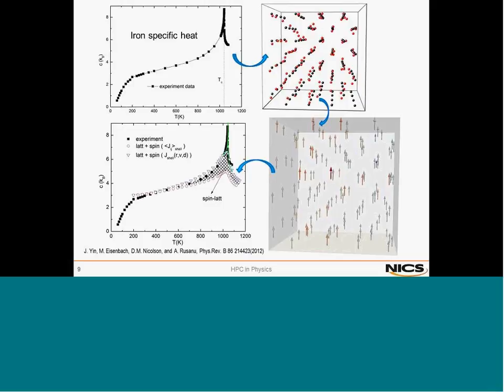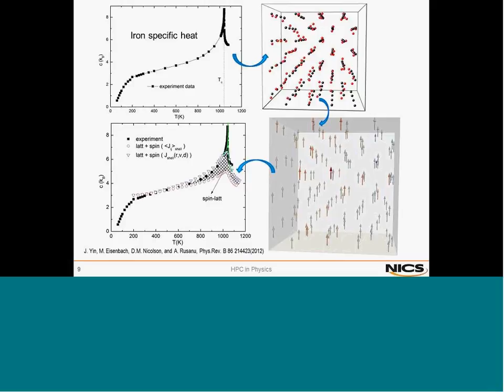If you consider this information in your calculation, then what we found is that we can perfectly reproduce the experimental data, as indicated by this triangle, and this red circle is the calculation without this lattice vibration. So the gap is the lattice contribution.